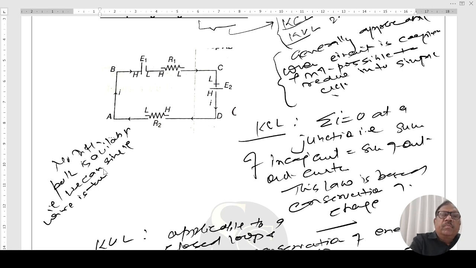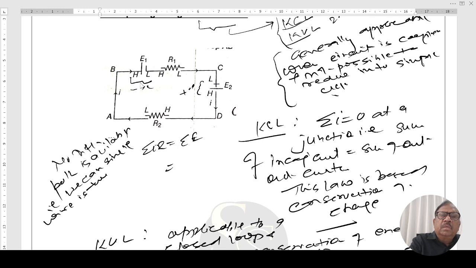Current is from higher to lower. Higher to lower we will consider as a negative one. Lower to higher will be considered as a positive one. So summation IR equal to summation E.